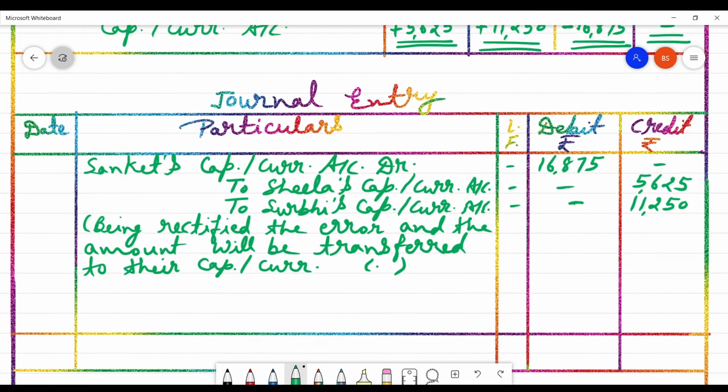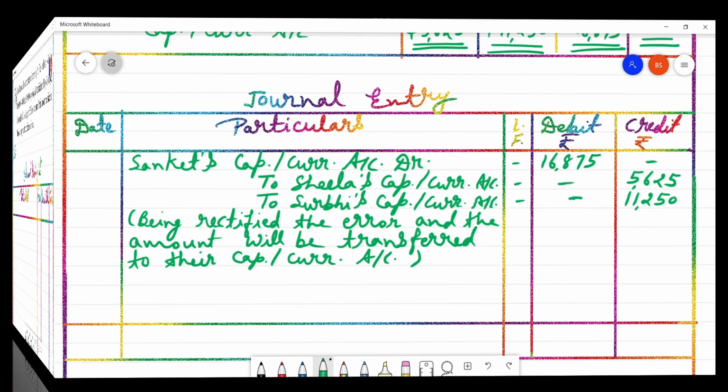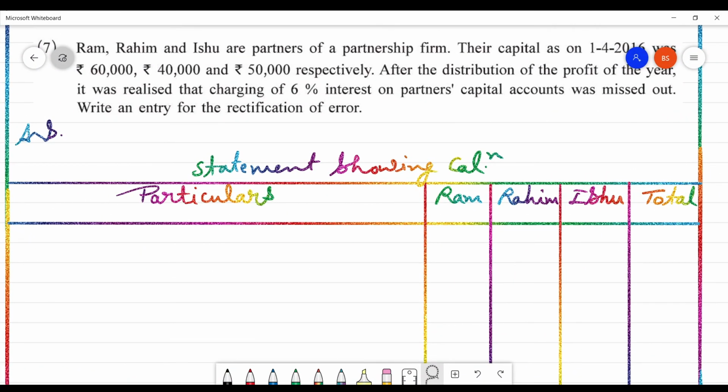You can write down the narration yourself according to your language. This sum is completed. Let's solve the seventh sum.